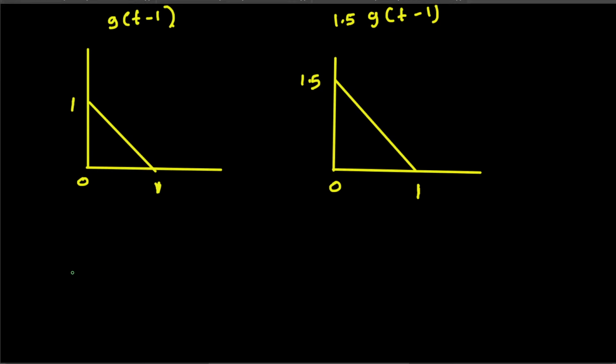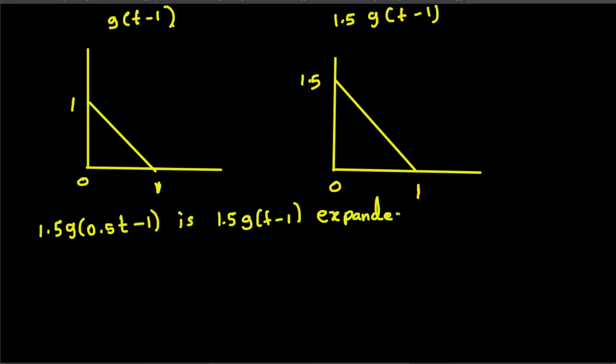So if I put this one, 1.5 g of 0.5 t minus 1 is 1.5 g of t minus 1 expanded by a long time interval, 0 to 2.